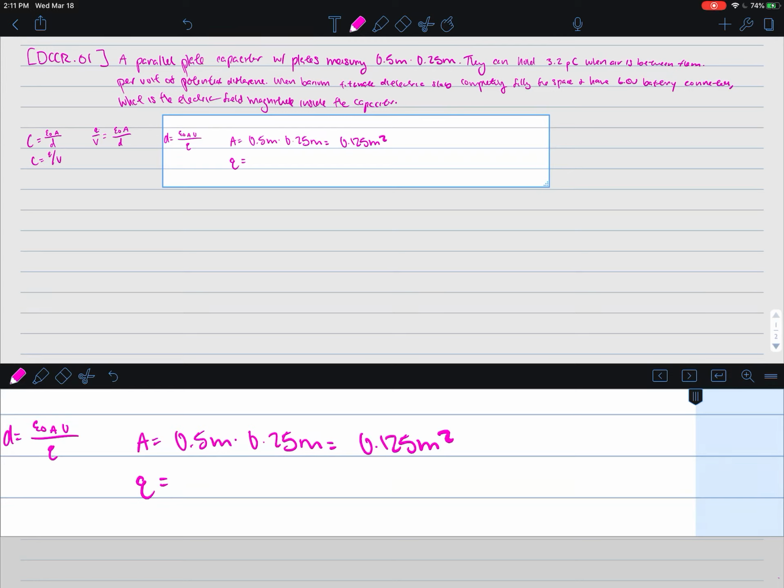And now we're going to want Q. So Q is 3.2 picocoulombs, which we're going to want to change into regular coulombs. So that is actually going to be 3.2 times 10 to the negative 12 coulombs.